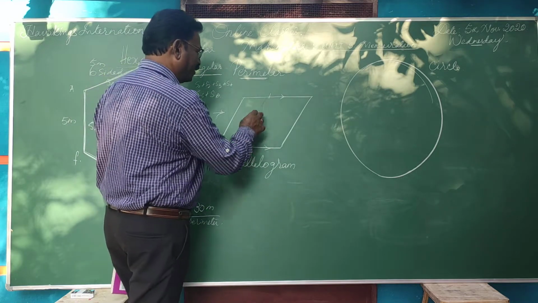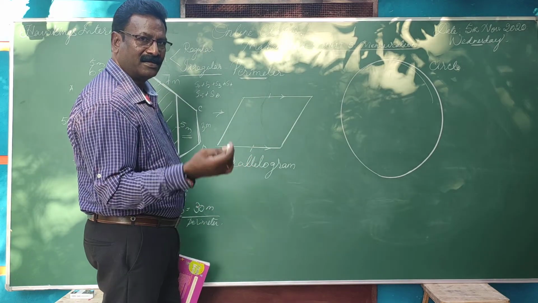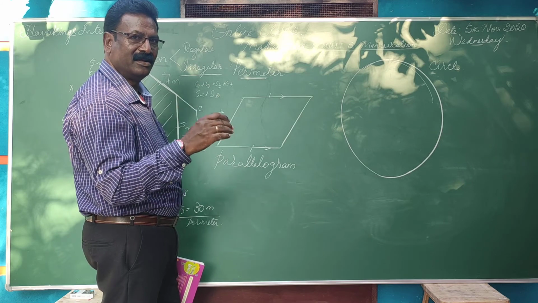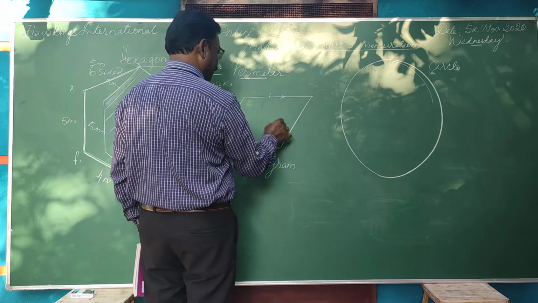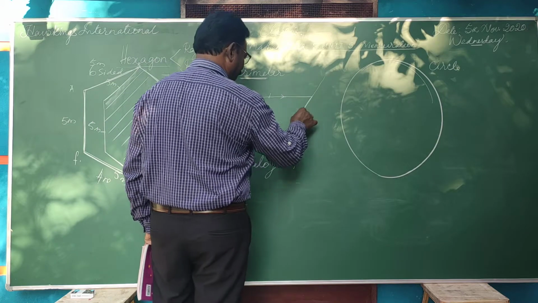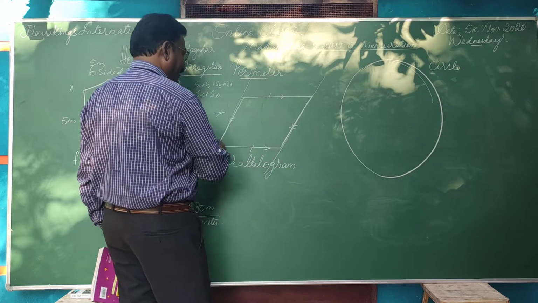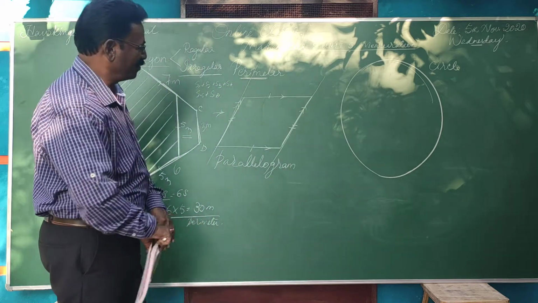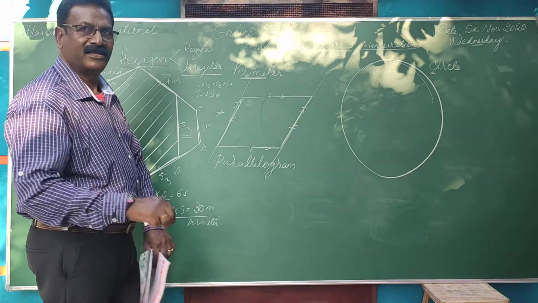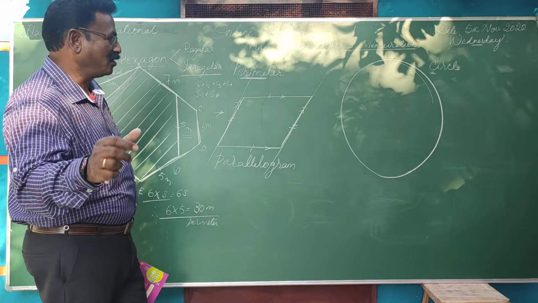This side and this side may be equal, but it must necessarily be parallel. The other sides are parallel in this way. In this way they are parallel. So it's a parallelogram. Okay, that is for your general knowledge.